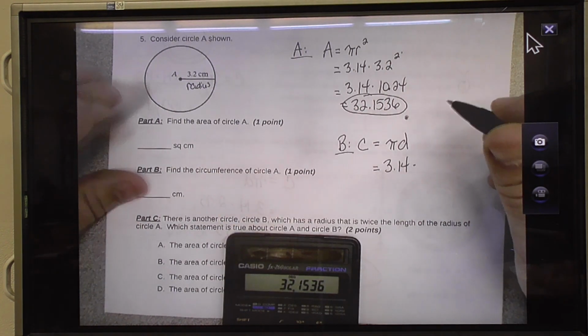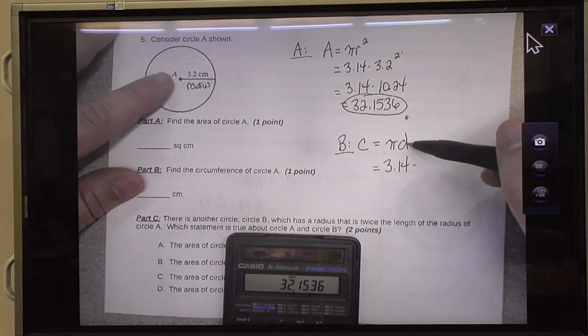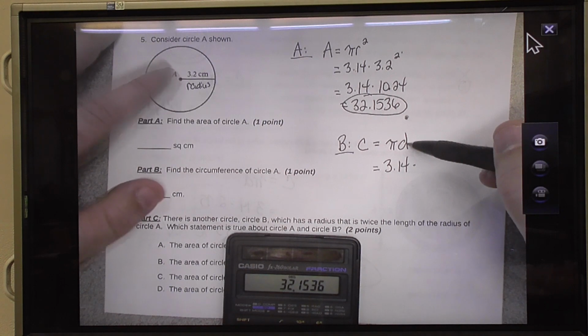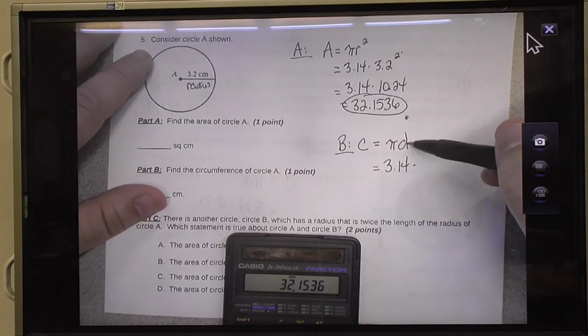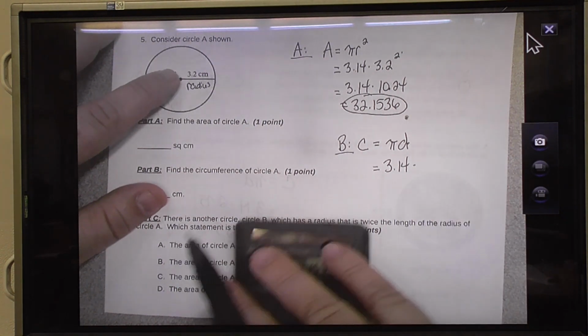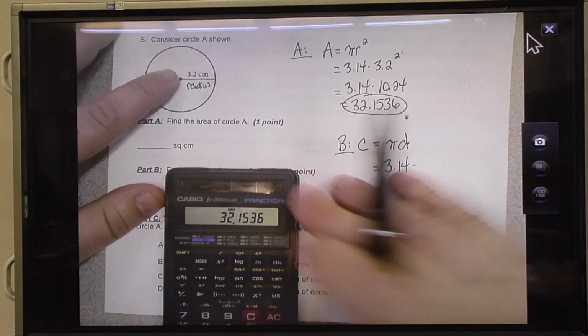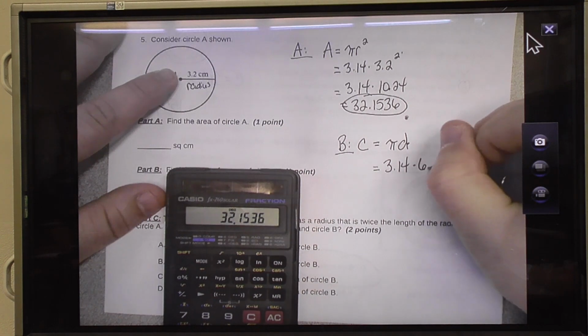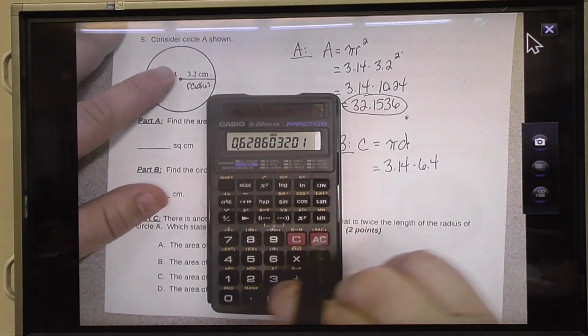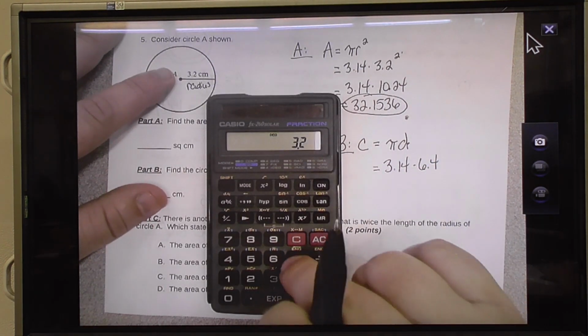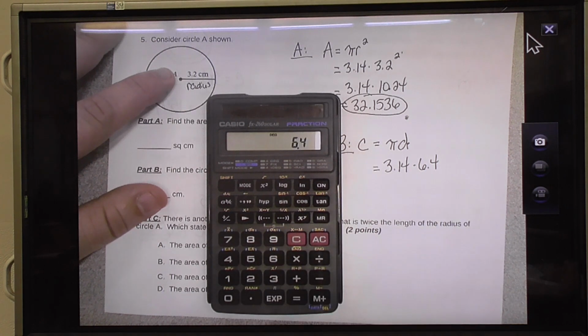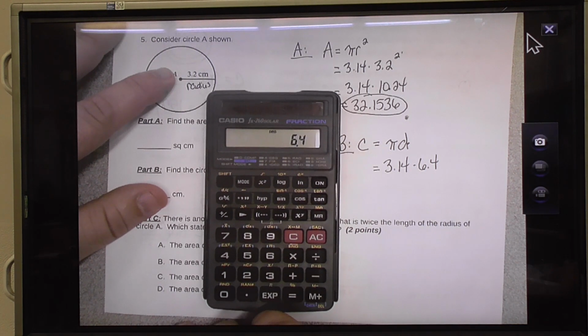Alright, but my formula right here says diameter. How can I take the radius and find the diameter? I can add them together, 3.2 plus 3.2 and get 6.4. Or I can multiply the radius times 2, and that gives me my diameter. So my diameter is 6.4.